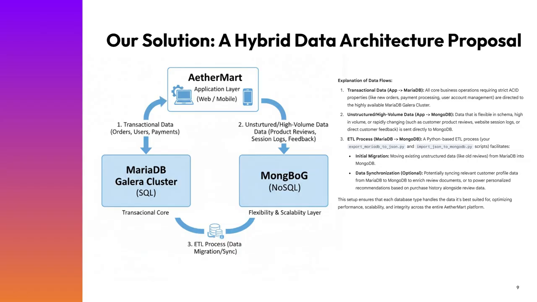And critically, the application sends product reviews, session logs, and feedback directly to MongoDB. This bypasses the SQL rigidity, allowing for rapid schema evolution. We created a bridge using Python ETL scripts to perform initial data migration and ongoing synchronization between the two systems.